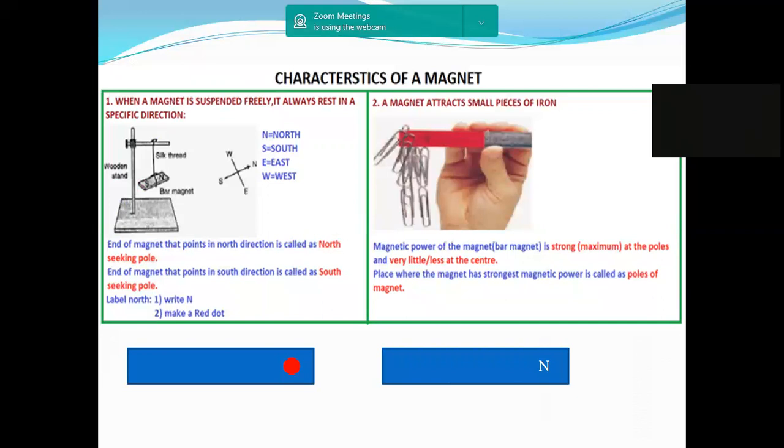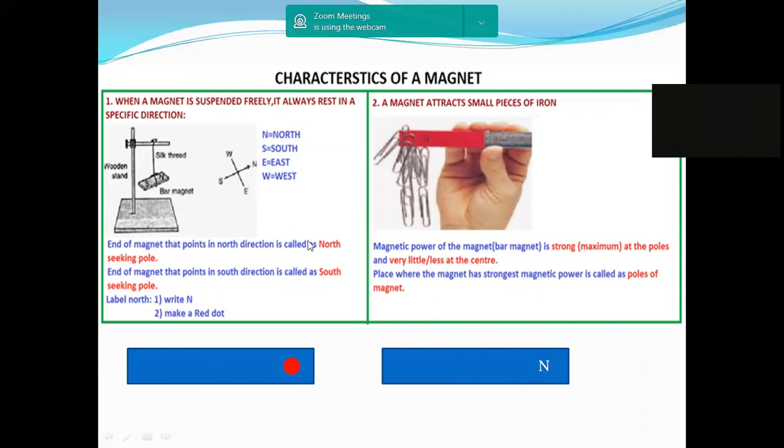That direction is north-south. Here, with the help of this direction chart, you can find the same thing out. W stands for west, N for north, S for south, and E for east. And hence the same. The magnet you can see right now is actually resting in a specific direction. The direction is north, south, like this, north, south.